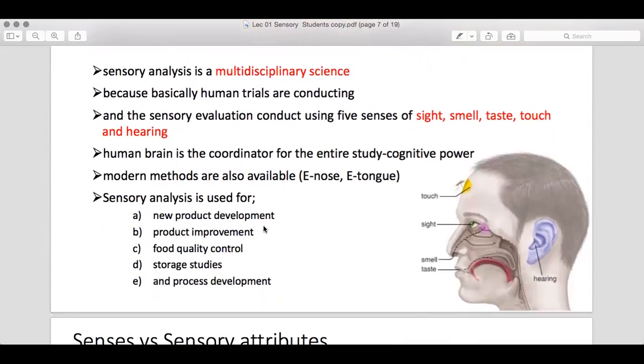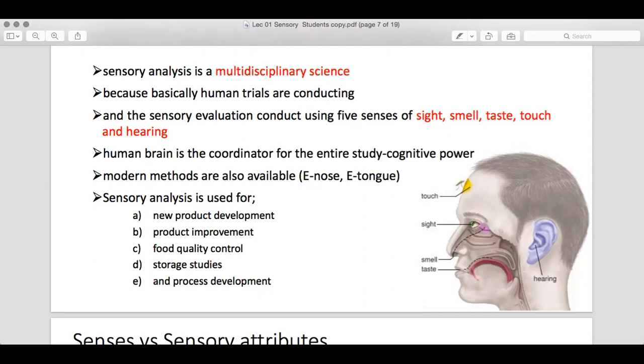As we have already discussed, sensory analysis is a multidisciplinary science. It is an art, it is a science. There are so many organs and several parts of the brain working together in sensory evaluation.